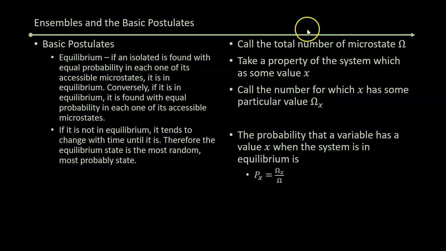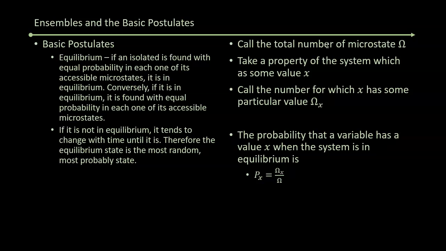Take the total number of microstates to be, use the symbol omega. So you've got all kinds of microstates a system could be in. In some number of them, omega x, they have this one value of the property x.